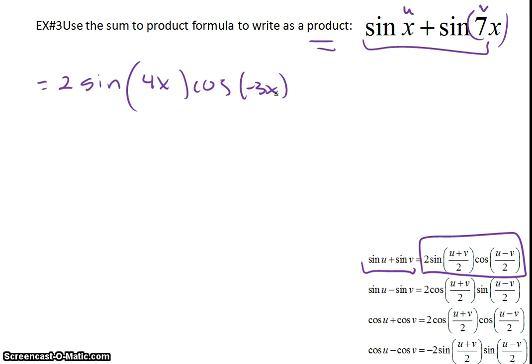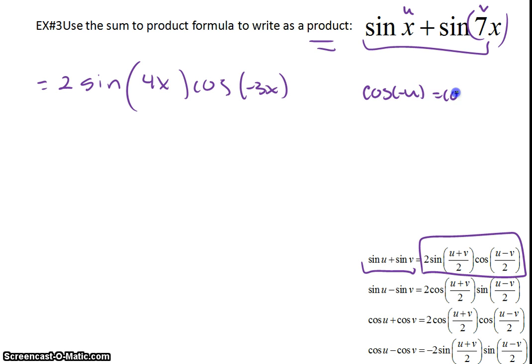And I have a negative, which means that we are going to use the even odd. So when you look at the even odd on your sheet, cosine of the minus the angle is the same thing as the cosine of the angle.